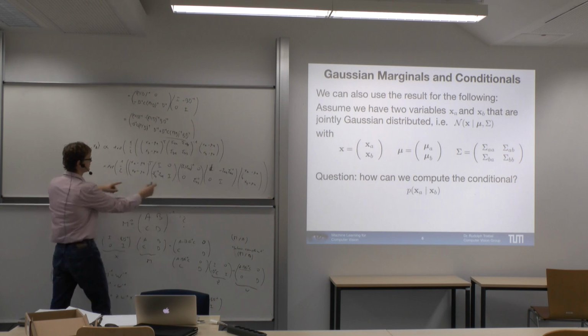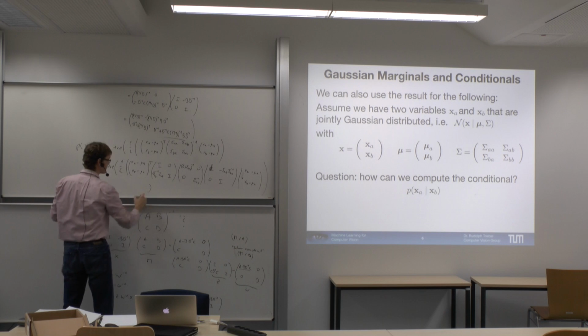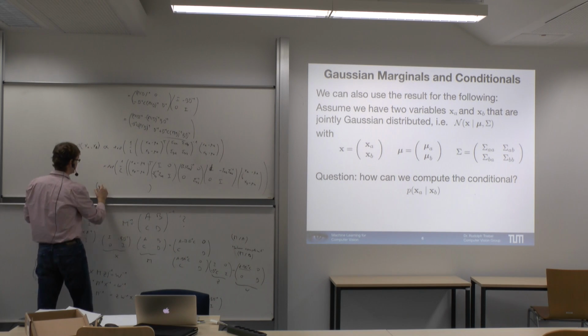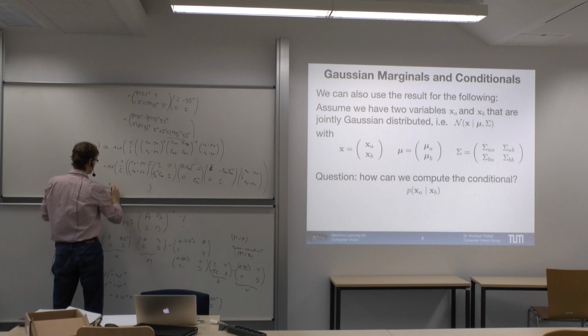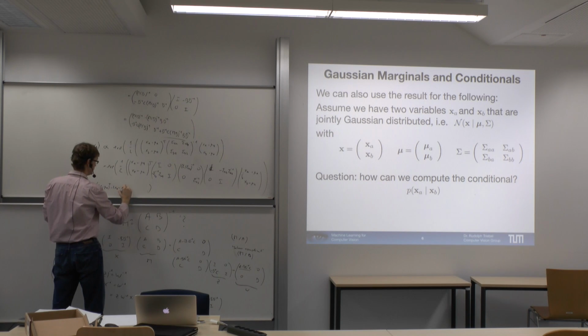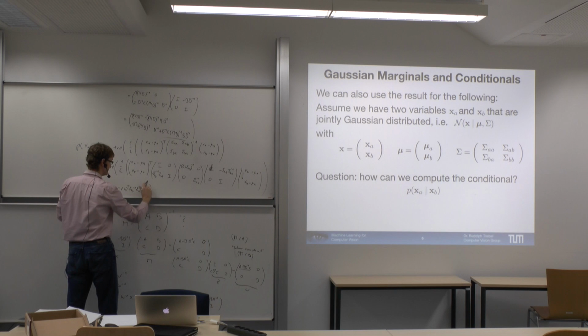And now what we can do is multiply this thing here, which gives us a long row vector. And the trick then is times mu A transpose minus xb minus mu b transpose times sigma bb to the minus 1 sigma ba.